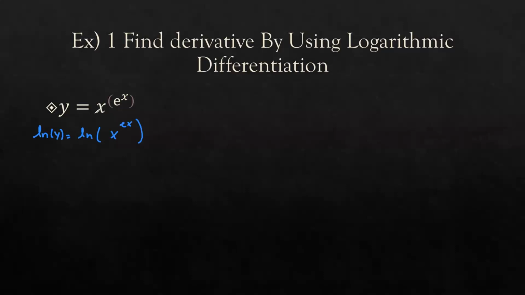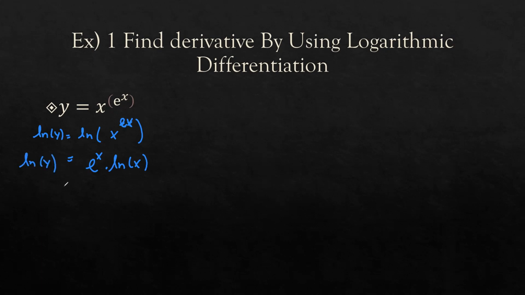And then the next step is we use properties of logs to expand it. On the right side, e to the x is an exponent. So when you have an exponent and you want to expand, you put the power in front of the log or the natural log. So this could be expressed as e to the x times ln of x. And then on the left is ln y.